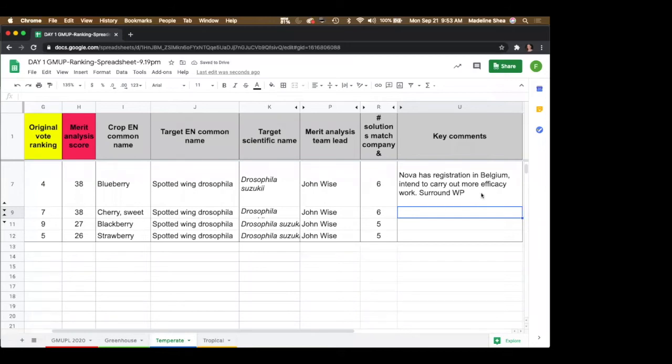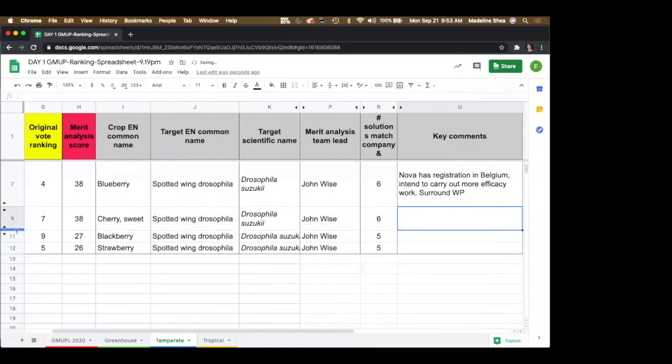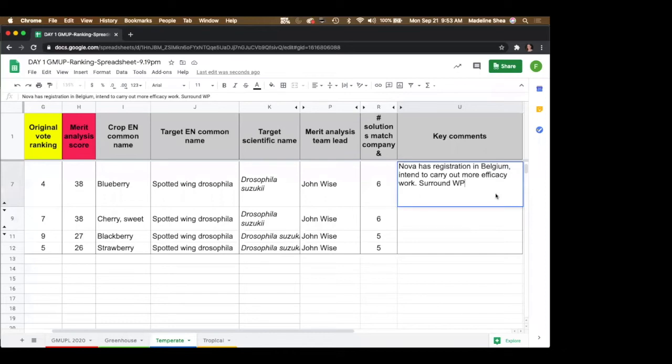Okay, that's a good comment. In terms of the demand for solutions for spotted wing Drosophila and blueberry, it appears that in the EU there are efforts to have Surround WP, which is a particle film technology, correct, registered, and so that just adds more tools in the toolbox.